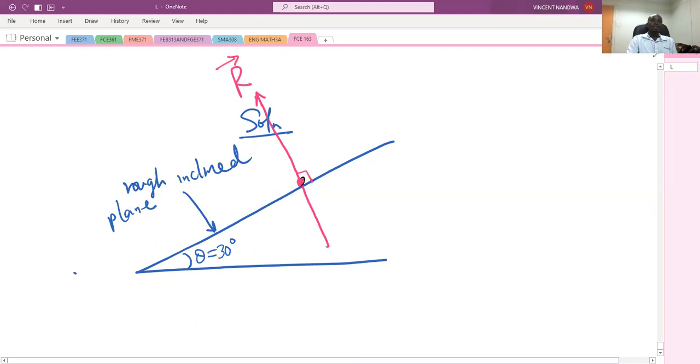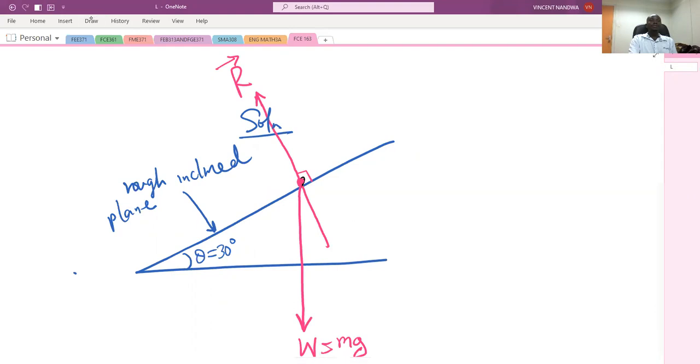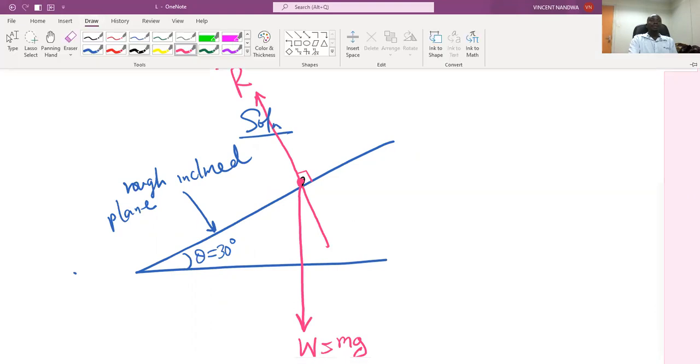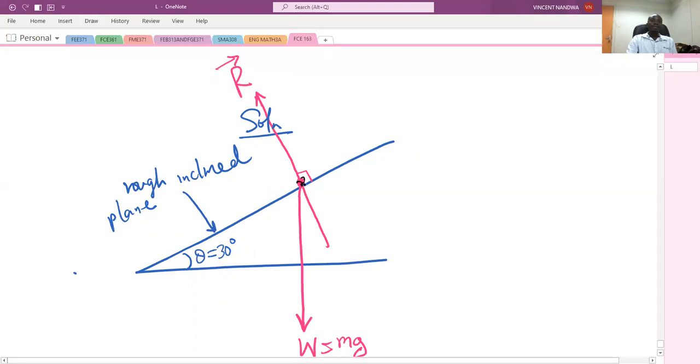Remember, this is making 90 degrees to the surface. And then this is how we draw the weight, mass times gravitational acceleration. So this angle here is usually the same as the angle here. So this is still 30 degrees.